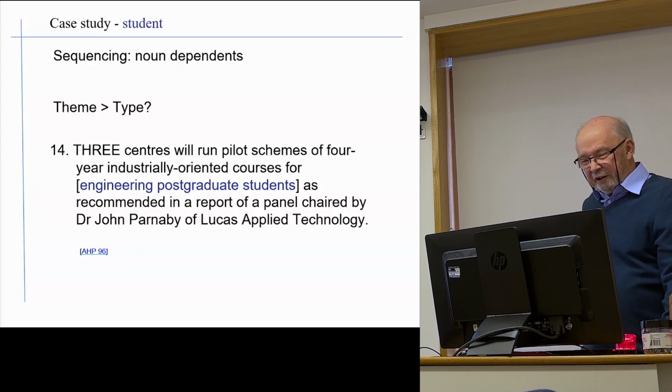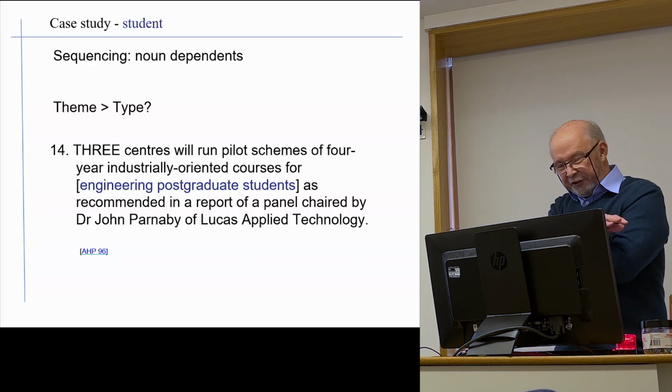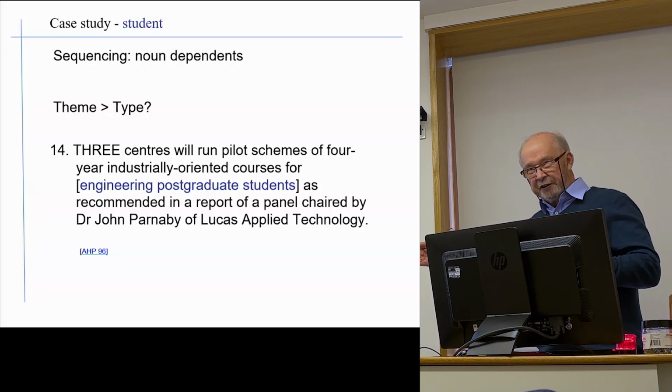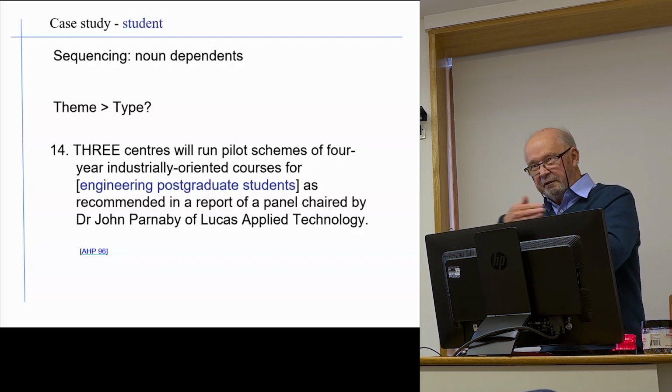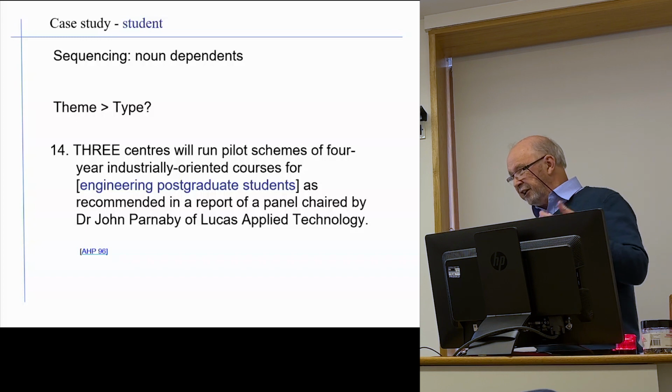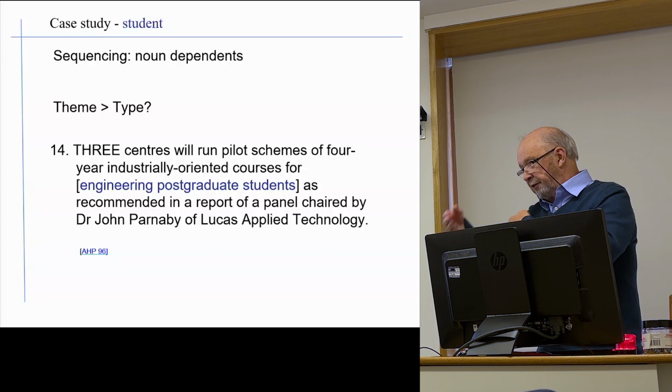I think what's going on here is that you could reverse this and say postgraduate engineering students. Both are totally plausible, and what we should really think of engineering as here is just another type. It's a type of student. And since they're both types, you can just swap them around without too much difficulty.